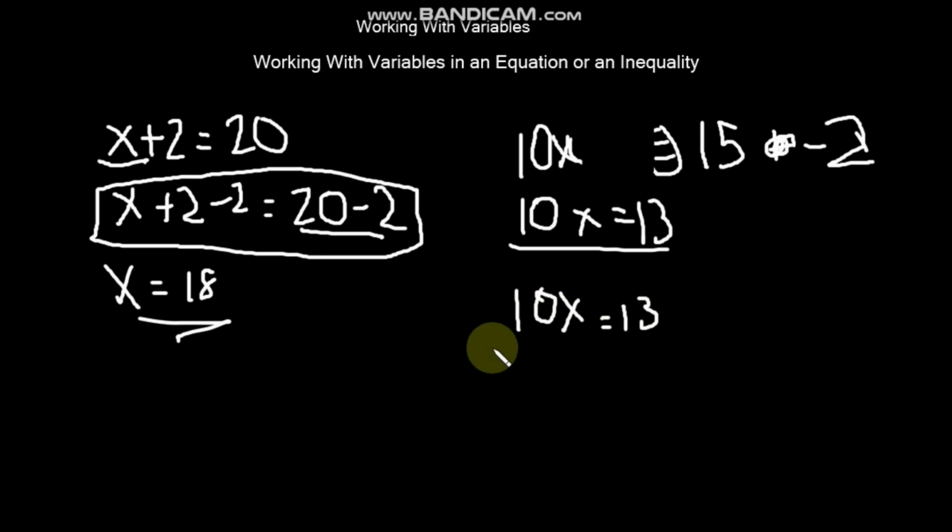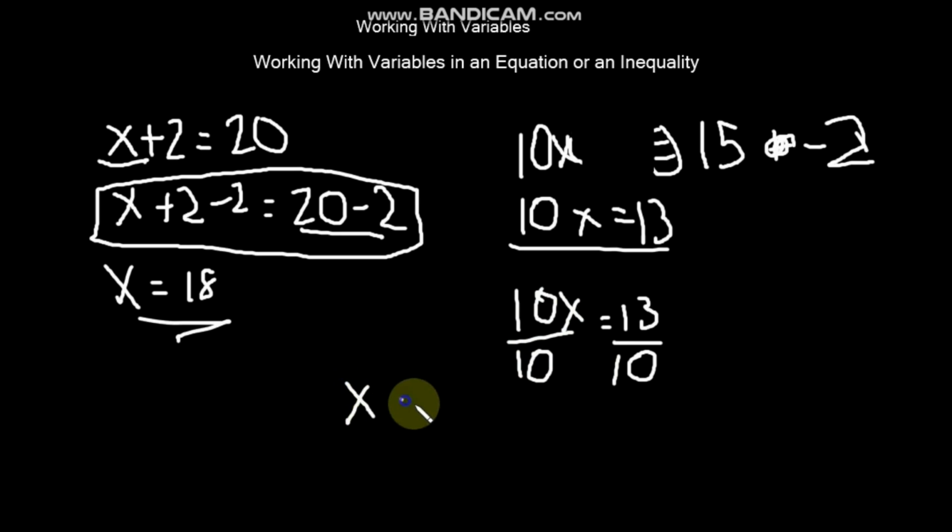remove the coefficient. So 10 divided by 10, and we do it on both of the sides, making it inverse. So 10 times x, if we want to create the inverse of this, we must divide it by its coefficient.